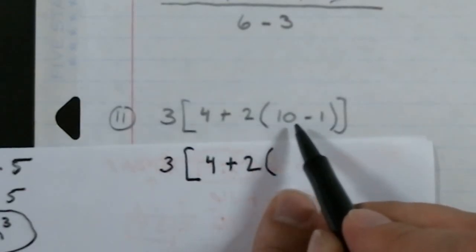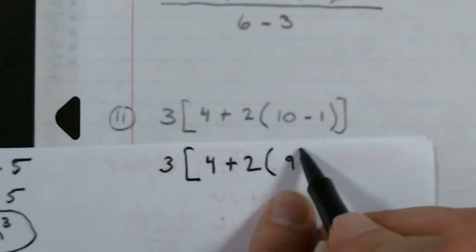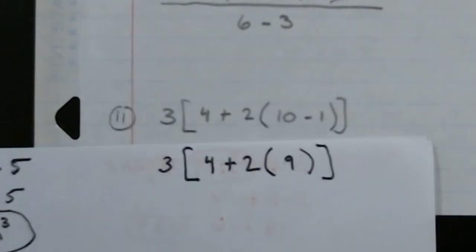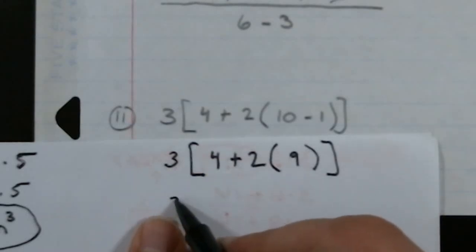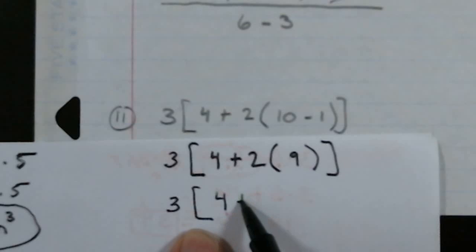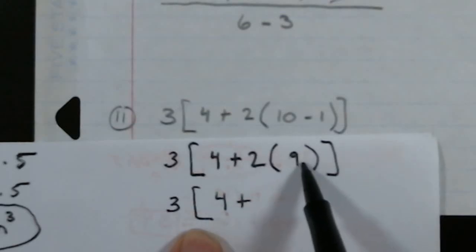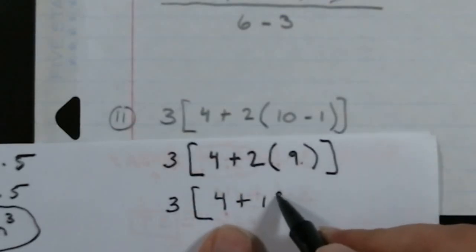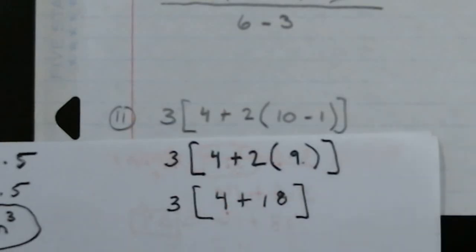So 10 minus 1 is 9, parenthesis, bracket. See how I didn't change anything? Well, when I say that, I'm changing the stuff that I know. So this is going to be 3 bracket 4 plus 2 times 9, which is 18, close bracket.